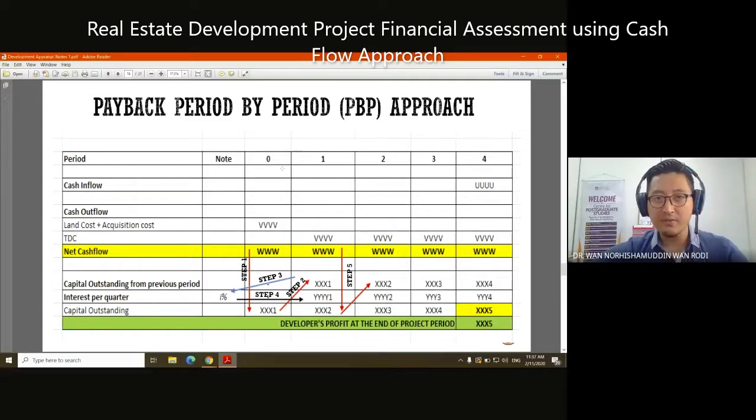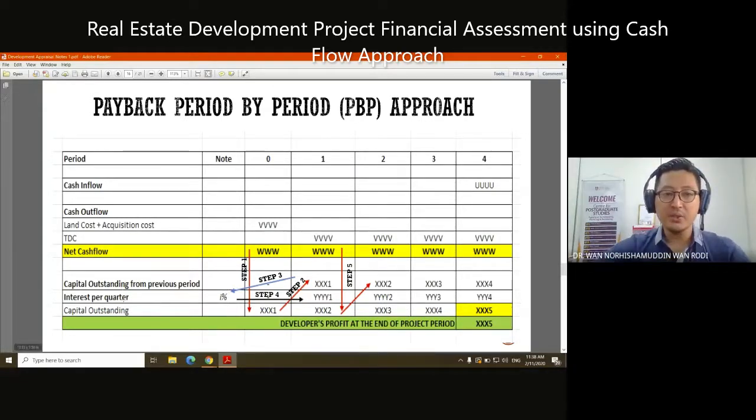For example, if you want to calculate the capital outstanding for period 1, the capital outstanding from the previous period is the capital outstanding generated in quarter 0. So we bring forward the capital outstanding into the capital outstanding from previous period in quarter 1. Then you also need to calculate the interest per quarter using simple interest, multiplying the interest with the principal.